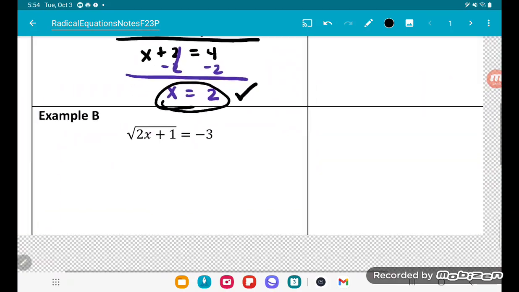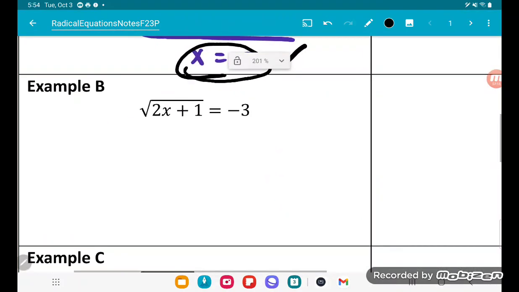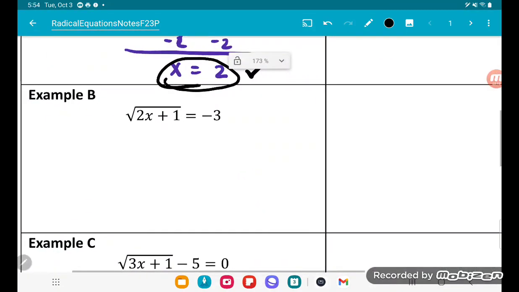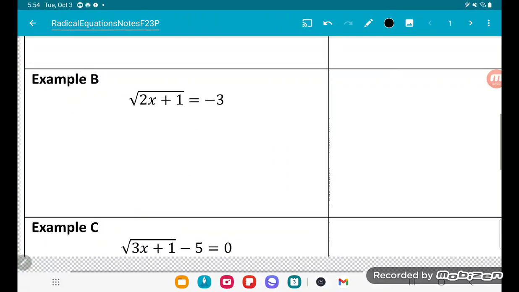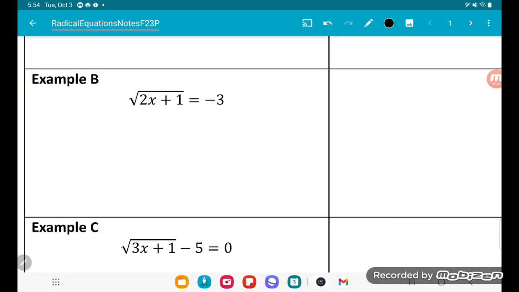Alright, let's look at example B. In example B, you're given the square root of 2x plus 1 equals negative 3. The radical is on the left, a negative 3 is on the right. We're going to square both sides because we're undoing a radical.